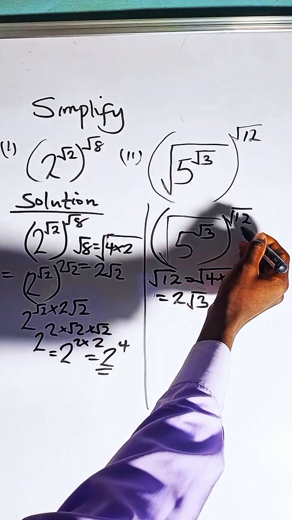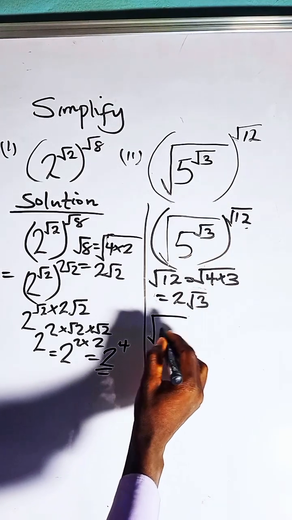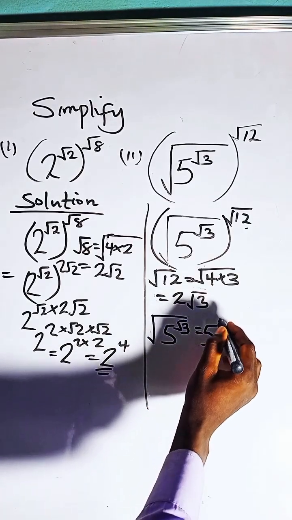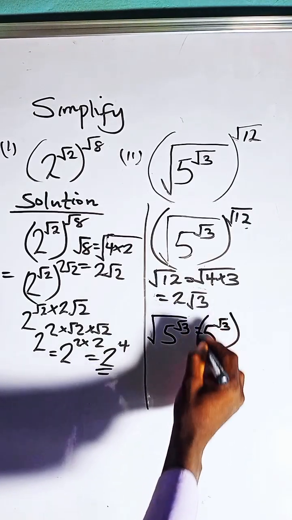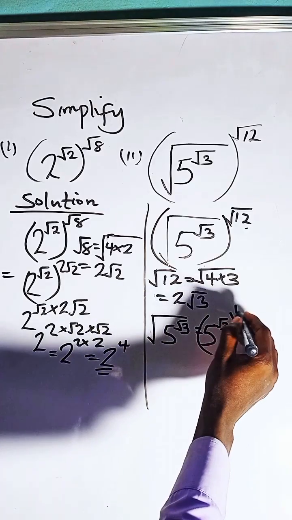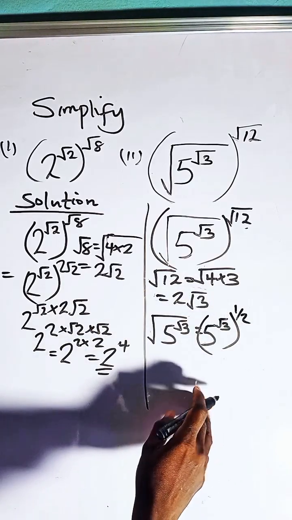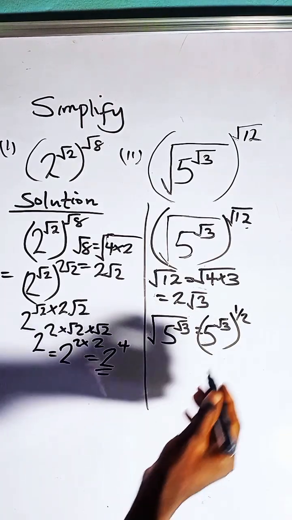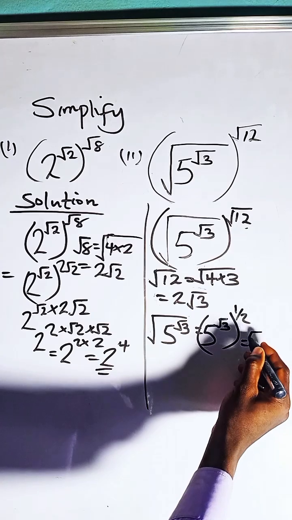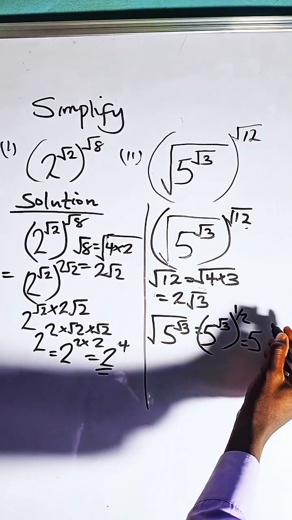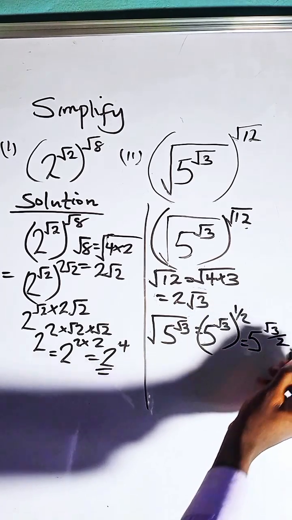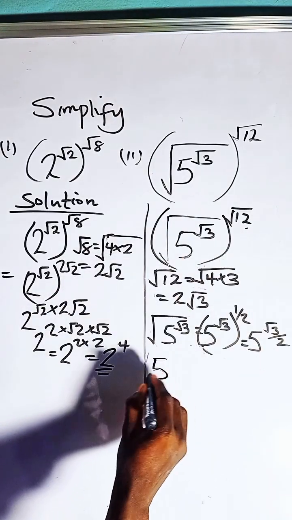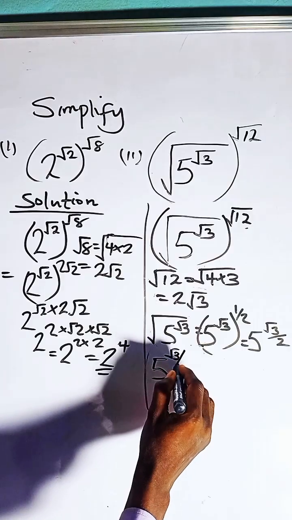For the square root of 5 raised to the power root 3, we can express this as 5 raised to the power root 3, with an exponent of 1 over 2. When we apply the exponent rule, we can write this as 5 raised to the power root 3 over 2. Let us replace what we have here with this.